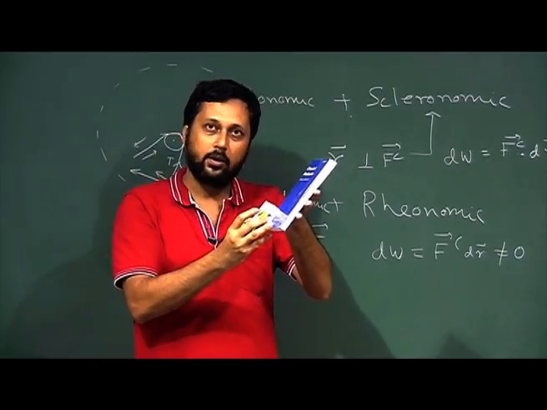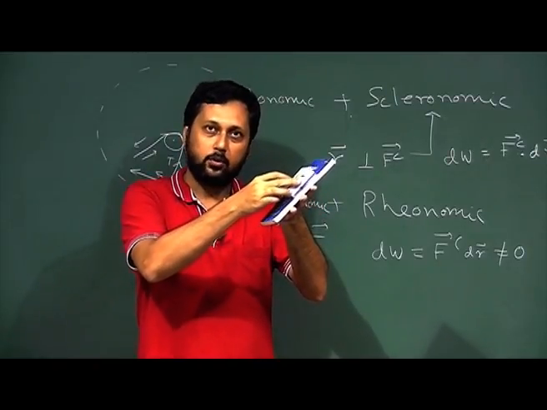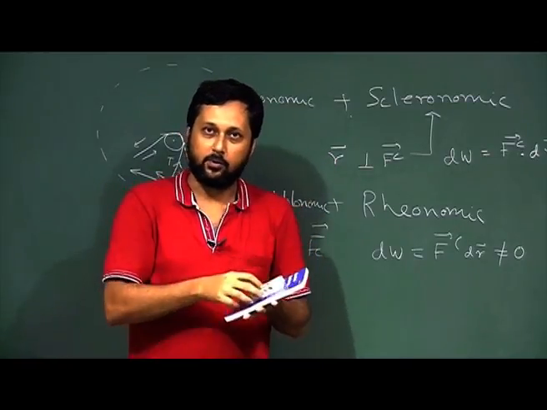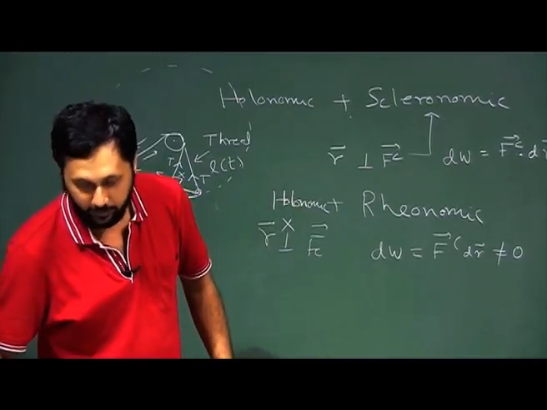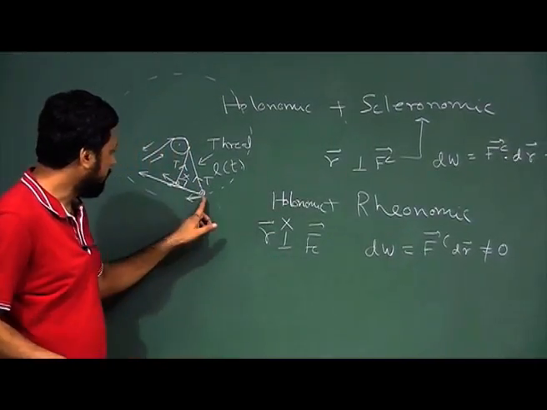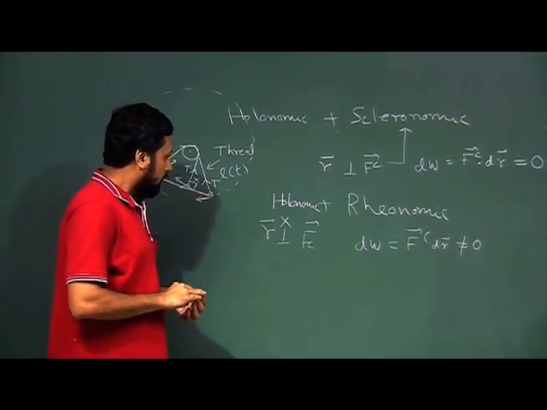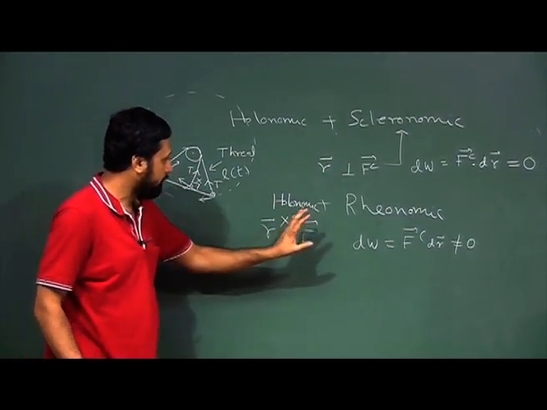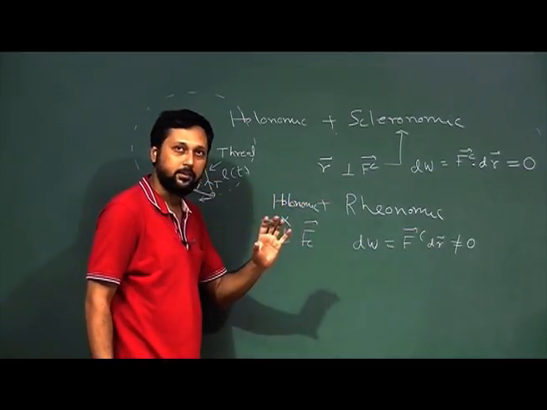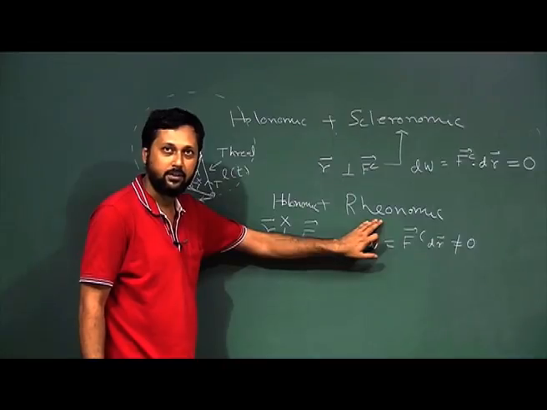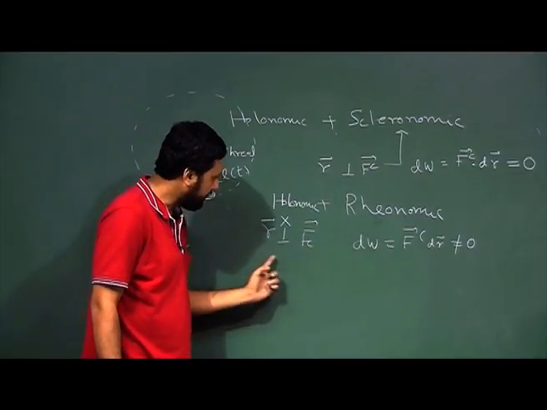Now, if the plane is rotating, even if the plane rotates, the instantaneous displacement direction stays perpendicular. So, this is an example of a different type of system, which is not true for this one. So, what I am trying to tell you is that we can have systems which are holonomic and rheonomic in nature, in the constraints, where this is true.